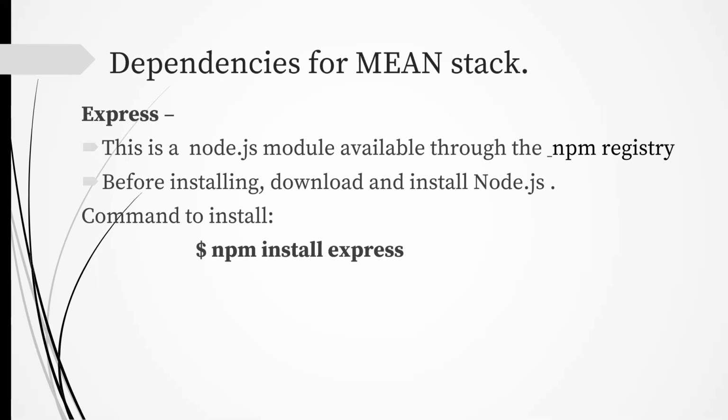Then we require some dependencies for developing our MEAN stack application that we can see here. Here we need Express. This is a Node.js module available through the npm registry. Before installing Express, we must have installed Node.js in our system. For installing Express, we can use the command npm install express.